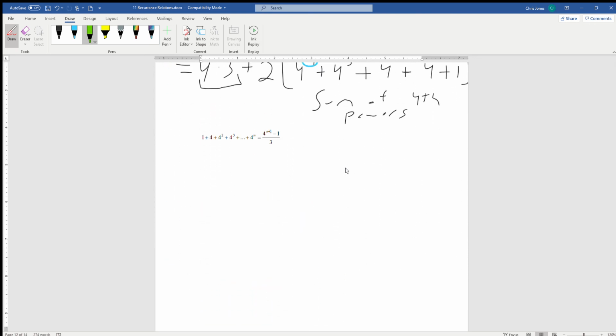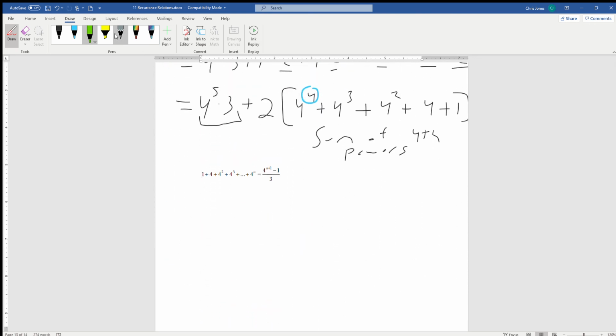So here's what we're going to do. We're going to write this into a closed form. If we were to guess some closed form, let's call this d sub k, or even d sub n, whatever you want to call it, it doesn't matter. We'll use n because that's what the formula uses for the closed form.